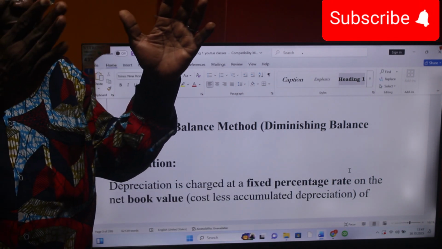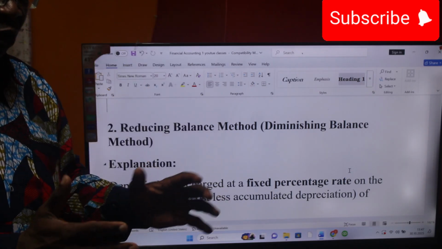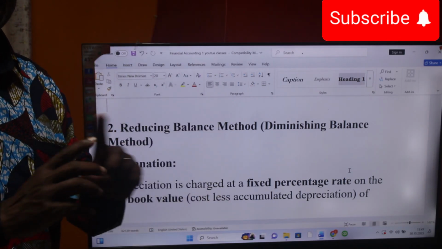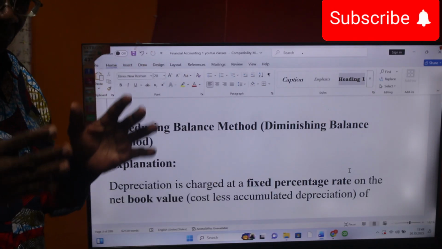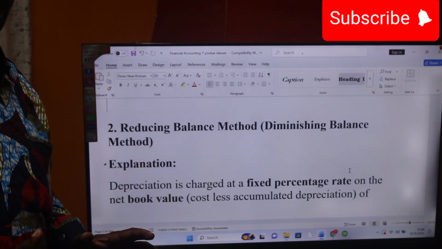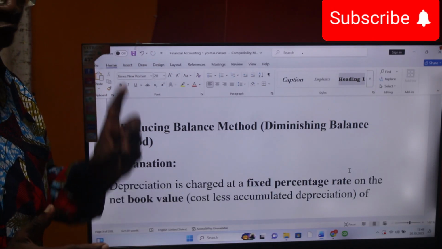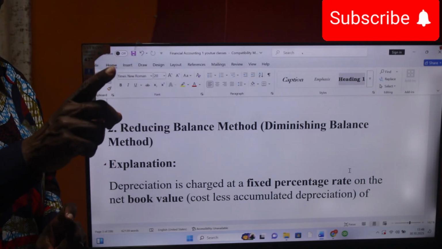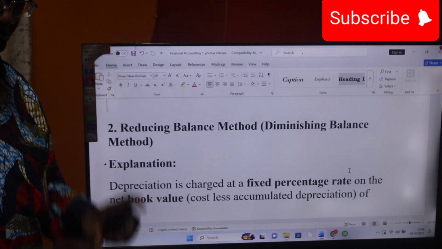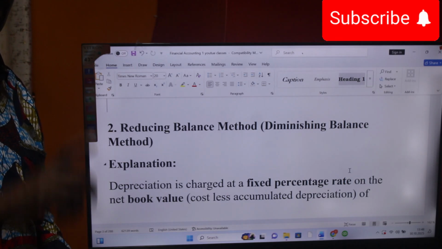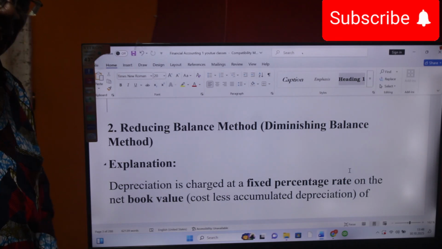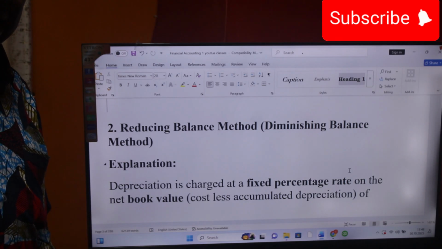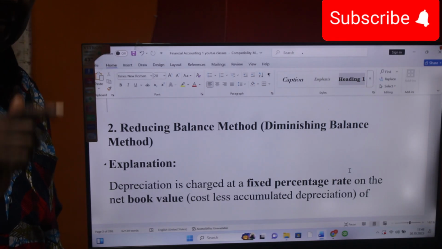The first year, we charge depreciation without deducting anything. The second year, we charge depreciation based on the net book value, original purchase cost minus depreciation for the first year. The third year, original purchase cost minus depreciation for the first year and second year. The fourth year, the original purchase cost minus depreciation charge for the first, second, and third year.